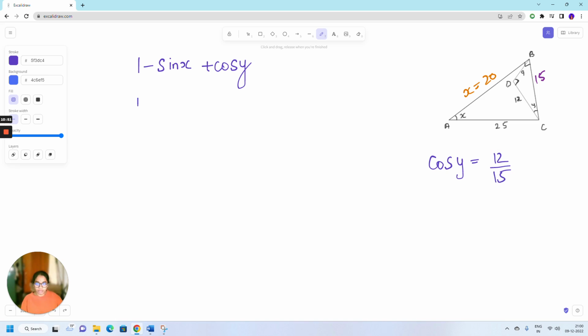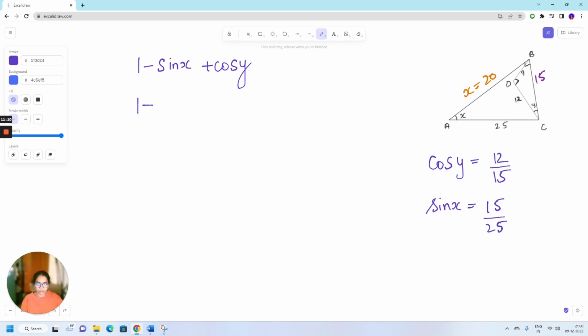So now let me write down 1 minus, what is sin x from the triangle ABC? Sin x is equal to opposite, that is 15, divided by hypotenuse, that is 25.